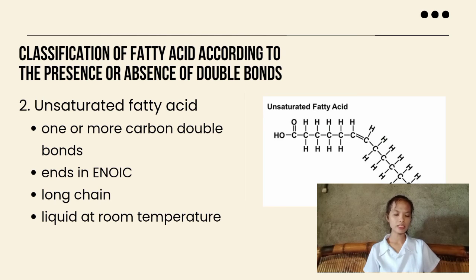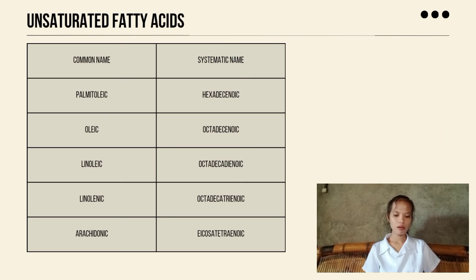But in unsaturated fatty acid, it is always a long chain. And unsaturated is liquid at room temperature. Again, when we say saturated, solid. Unsaturated, liquid. And there are some examples of unsaturated fatty acid from its common name to systematic name.